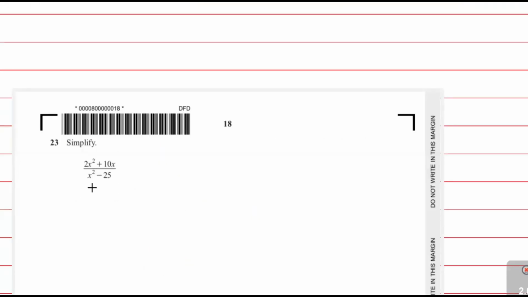Question 23, simplify this fraction. Firstly, we will factorize the numerator. For factorization of this expression, we will take common 2x as a common factor. We write x plus 5.